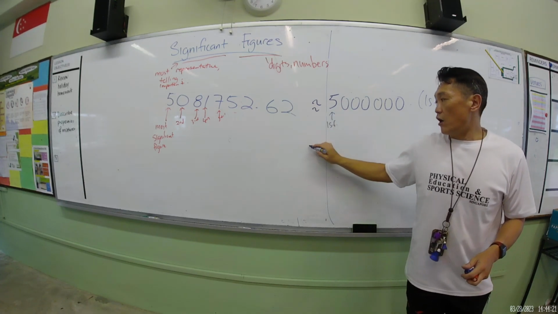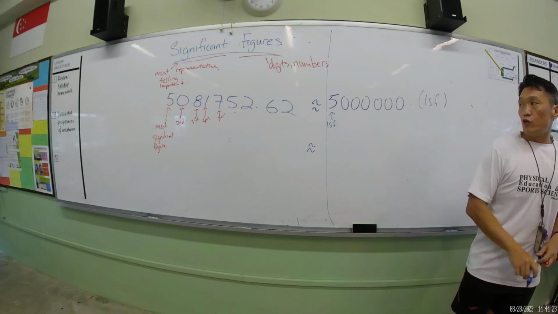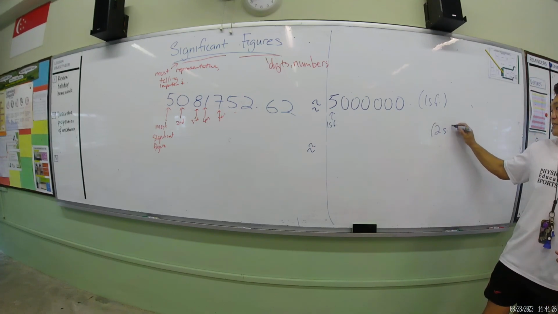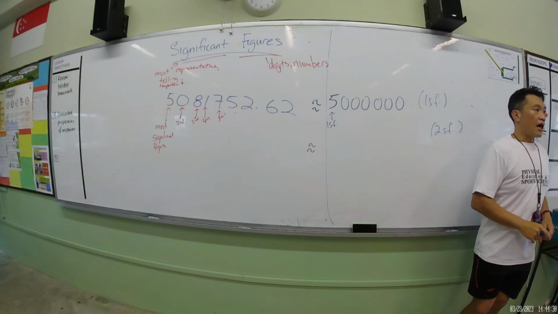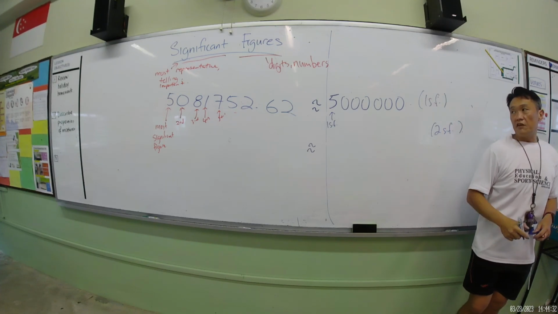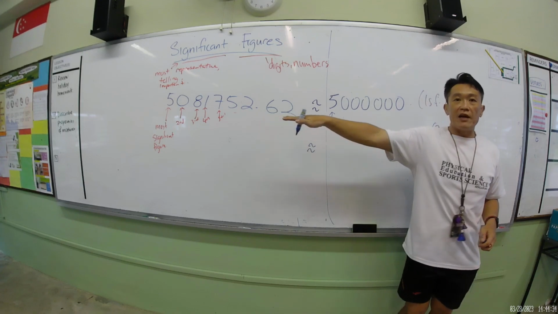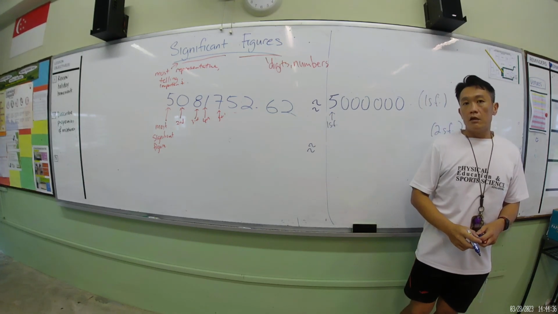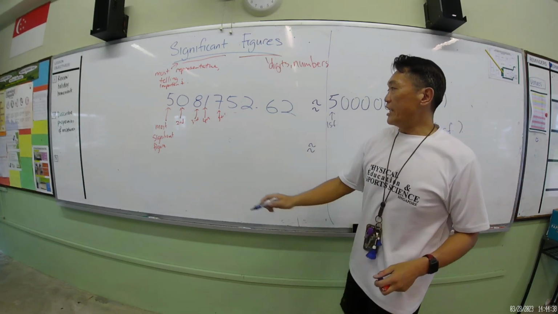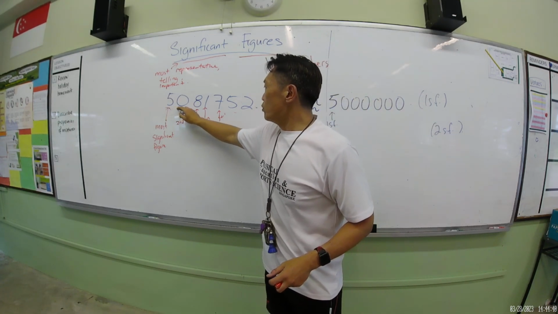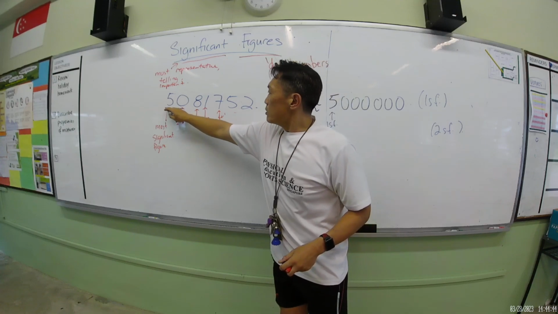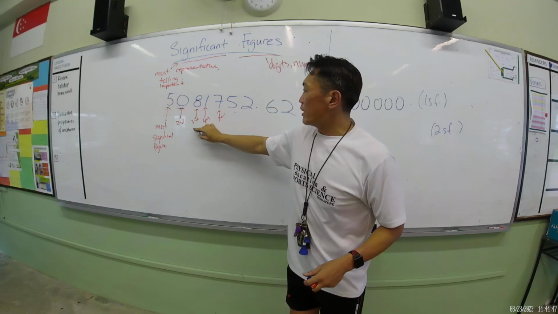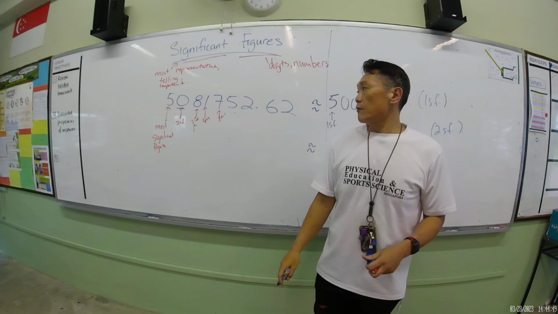Okay? Or if I want to round it off to 2 SF, it means I need the two most significant figures out of this 5,081,000. Which means I need to know the first 2 digits. To know the first 2 digits, I need to look at the third digit.